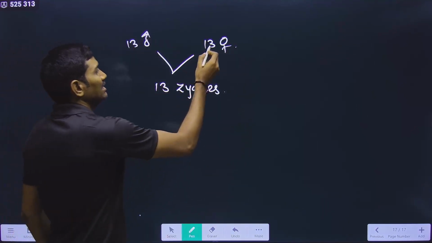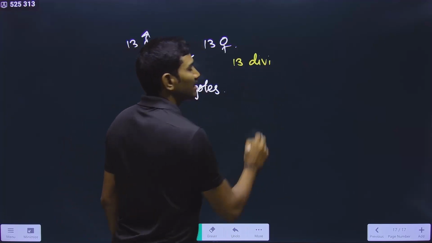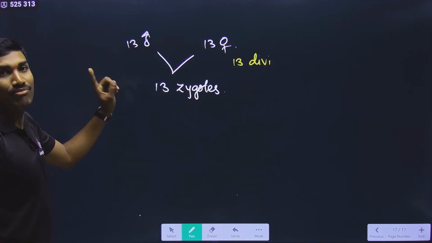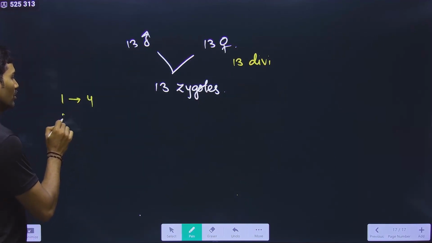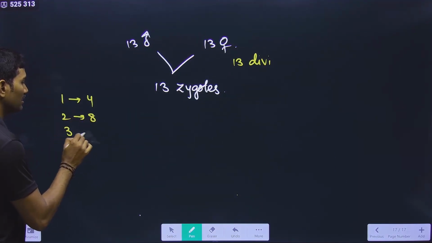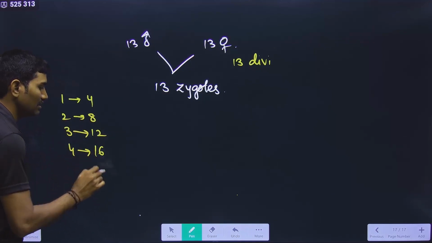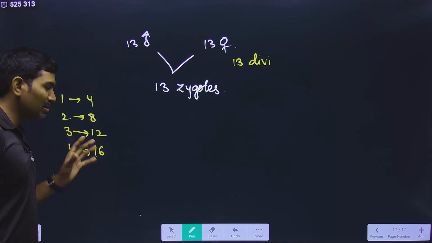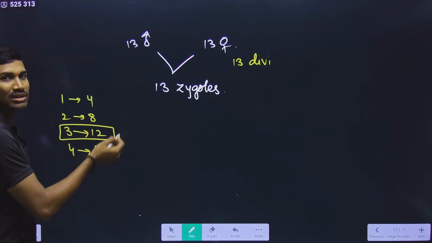Now, for 13 female gametes, how many meiotic divisions? Here 13 divisions are required. But for the male gametes, you just observe carefully. 1 division, 4; 2 divisions, 8; 3 divisions, 12; 4 divisions, 16. But there is no intermediate like this. Once it is crossing 12, but you need more than this, right?